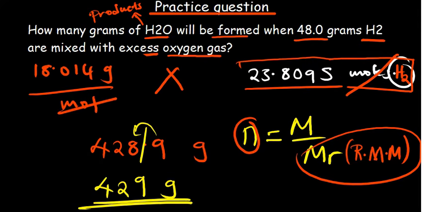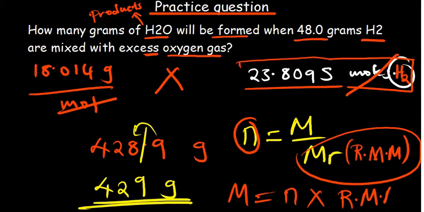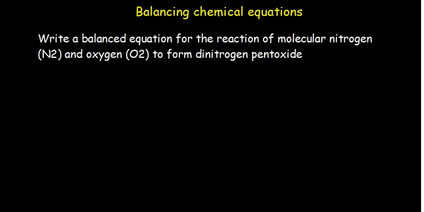You can make mass the subject by multiplying the number of moles times the relative molecular mass or formula mass, or you can use what we are calling dimensional analysis, which is basically what we've introduced. With this solid foundation, let's proceed to more advanced concepts on stoichiometry.